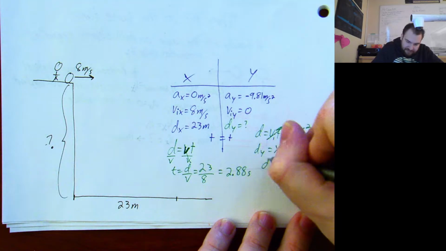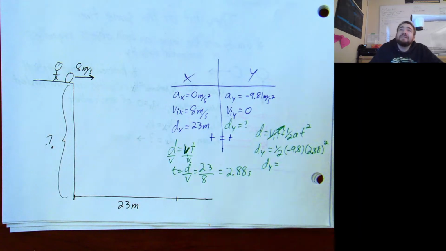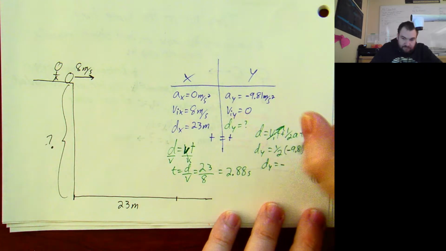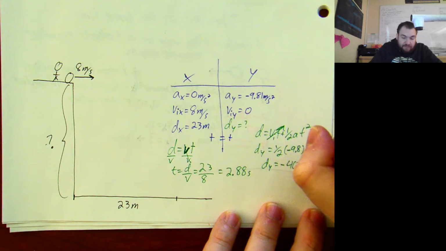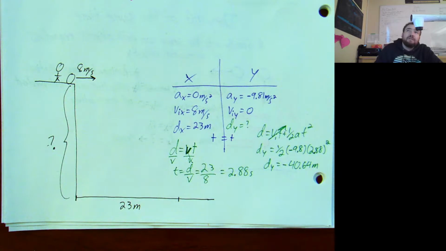What is dy? Negative 40 point. Okay, so what does that value actually represent?